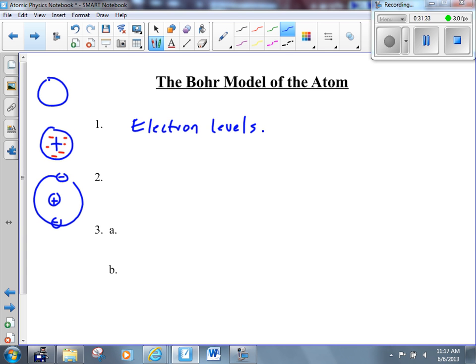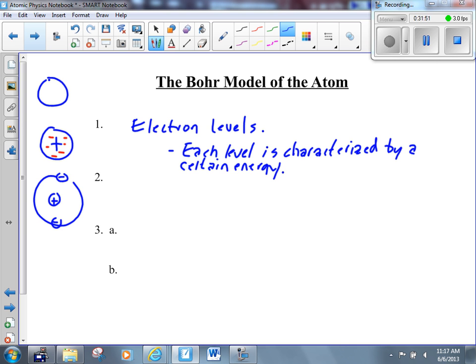Each level is characterized by a certain amount of energy. So you can have an electron here or here on this energy level or that energy level, but you can't have an electron somewhere in between.